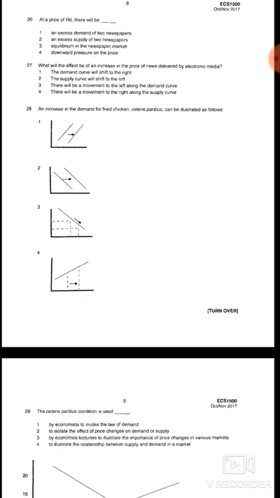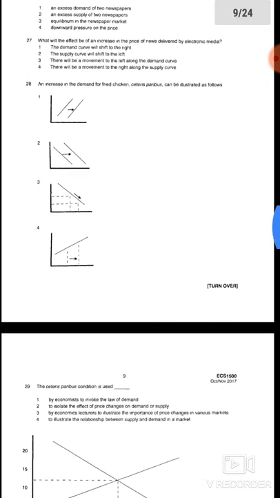They didn't say quantity demanded, so obviously it's about the shift of the demand curve. Option number 1 shows the shift of the supply curve. Option number 2 is the only one that shows a shift of the demand curve by increasing. So the answer is option number 2, question 28.